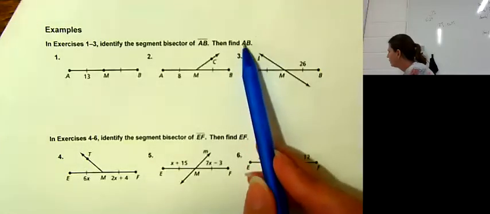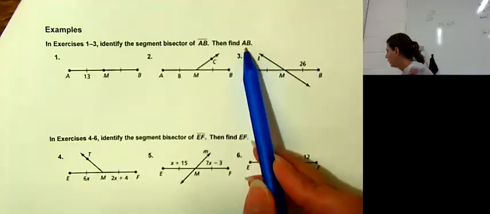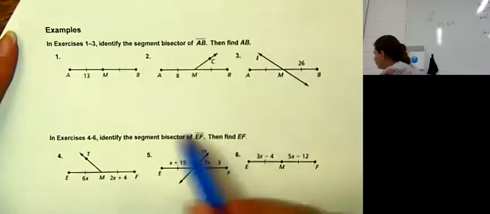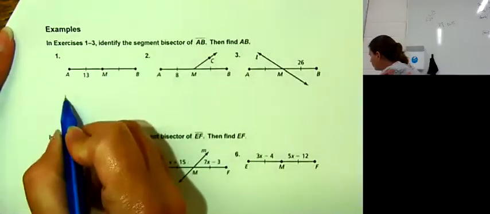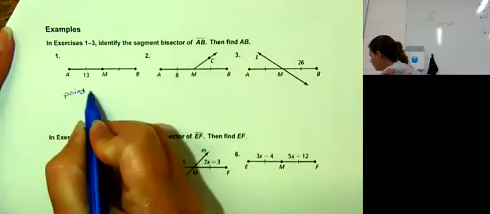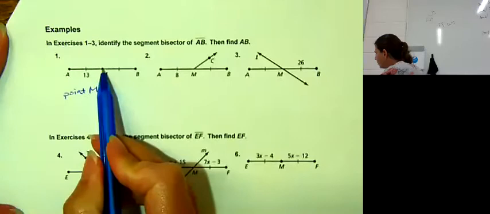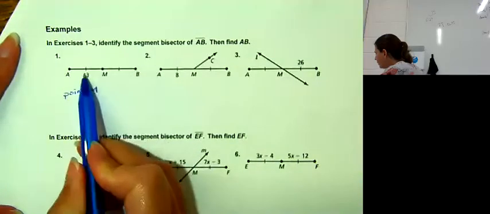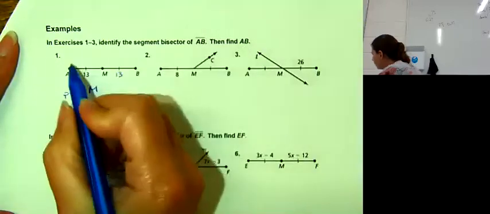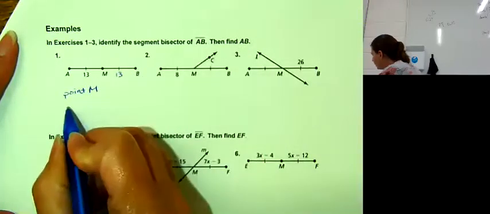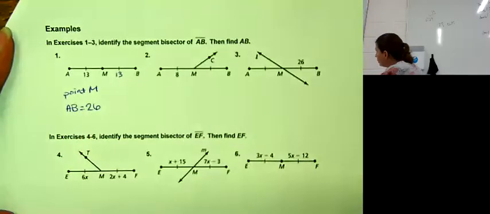So remember, when there isn't a line above here, we're finding the length of it or the distance from point A to B. So in this case, if I want to identify the segment bisector, in this point, the segment bisector is just point M. So remember, if the segment bisector cuts this in half, so if this segment is 13, this segment is 13. So if I wanted to find from A to B, I could add those together. So the length of AB would be 26.